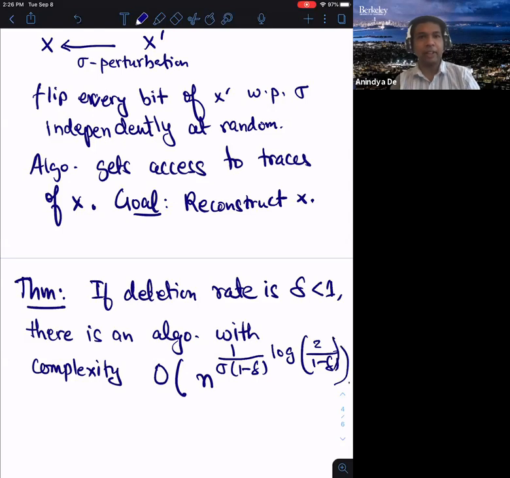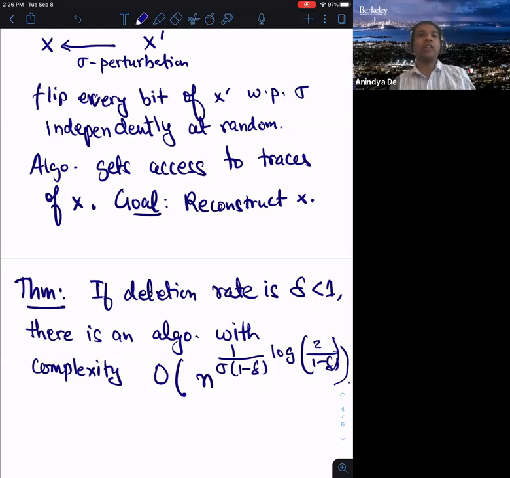Okay, so let's look at this. What is it saying? If delta is a constant bounded away from 1, then the factors of 1 minus delta are constants. The smaller the perturbation probability is, the more you have to pay. If the perturbation probability is any constant, say 1%, and the deletion probability is bounded away from 1, this is polynomial time. As the perturbation probability becomes smaller and smaller, you're nearing the worst case string.